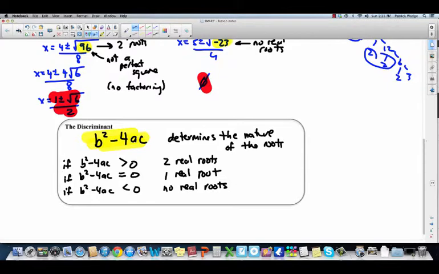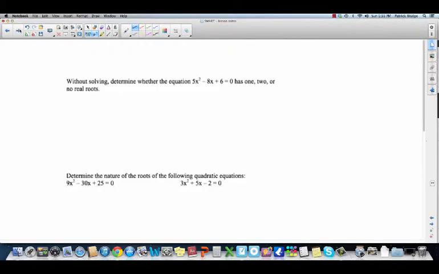Okay, let's try a couple questions quickly. Without solving, determine whether the equation has 1, 2, or no real roots. So we could do the entire quadratic formula, but if we just want to know how many there are, we can just use b squared minus 4ac. So let's do that. What's b? Negative 8. So we have negative 8 squared minus 4 times a, which is 5, times c, which is 6.